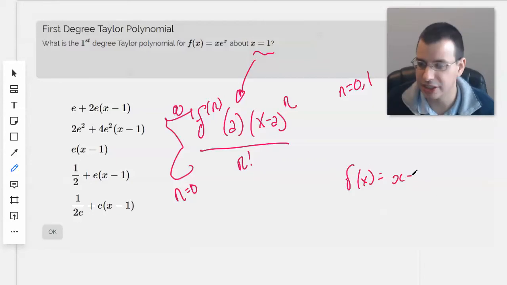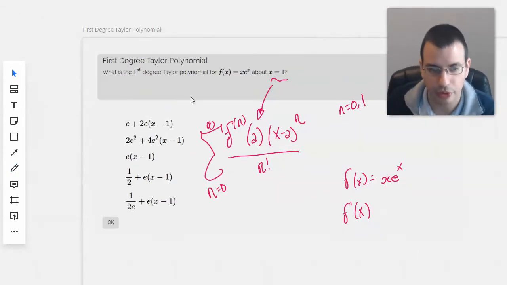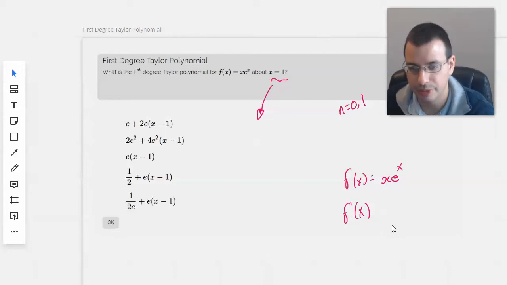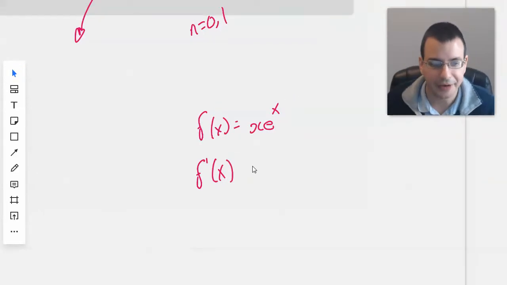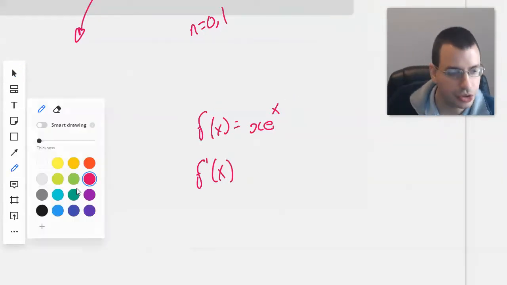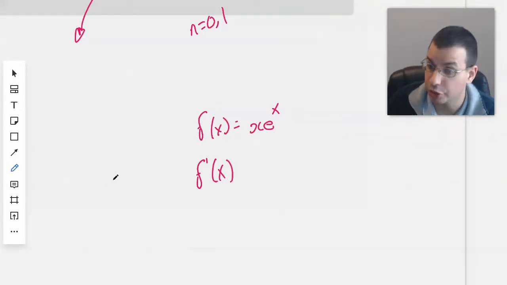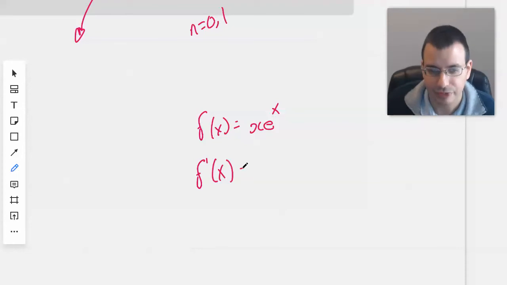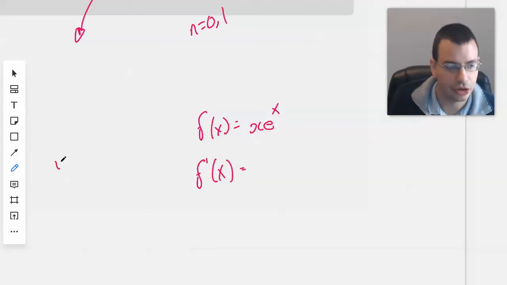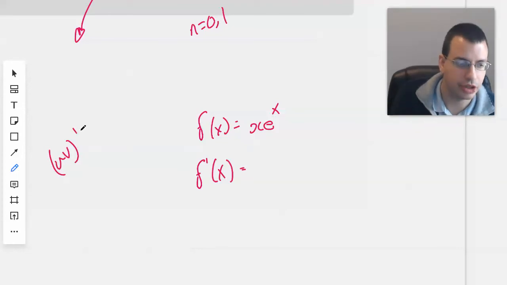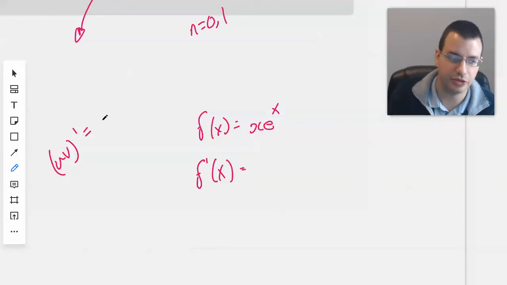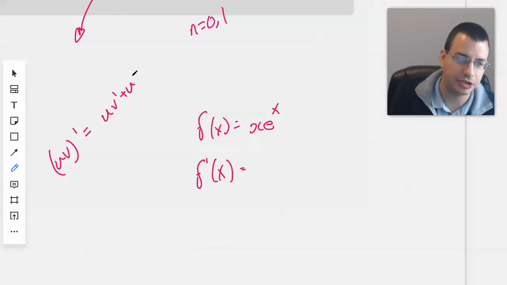So what we want to do then is find, so we have f of x equals x e to the x. Then we want f prime of x. I'll erase this for now, just to clear up the board space. To do this, we're going to have to do the product rule. As you remember, if you have u times v, the derivative is u v prime plus u prime v.